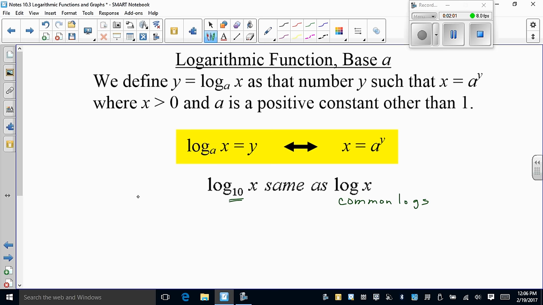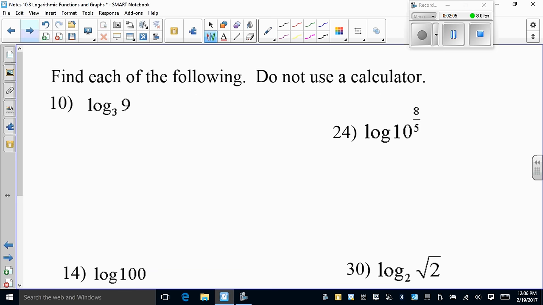So the next problems are asking us to find each of the following. Do not use a calculator. If we rewrote it back into the other format, it's going to be 3 to what power will give us 9. And we know 3 squared is 9, so x would have to be 2. This one, log base 10 of 10 to the 8/5: 10 to what power gave us 10 to the 8/5.